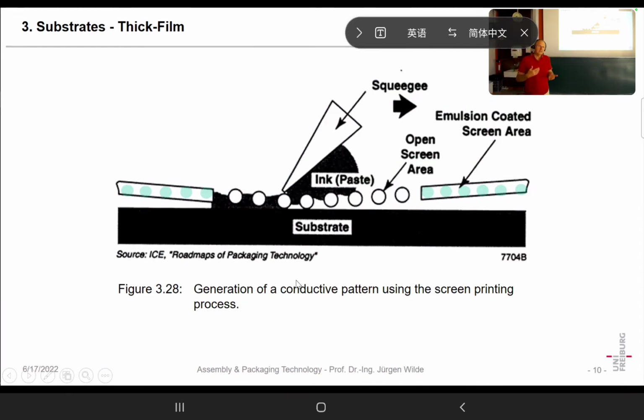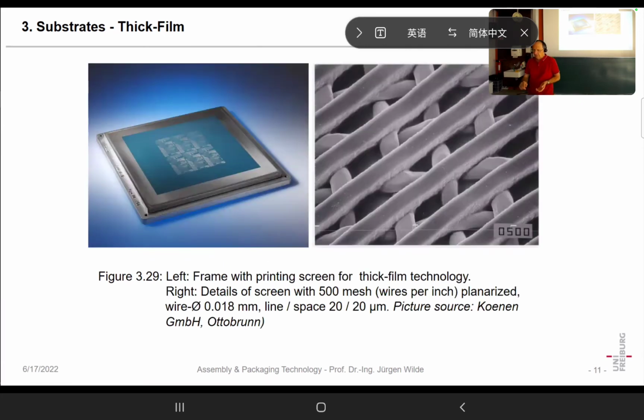And now there was a process of photolithography. And after the last lecture, I found there was a certain misunderstanding. Of course, the photolithography is not made on the substrate. The photolithography is made on the screen. Yeah, that's important. You want to have these openings and this pattern on the screen.